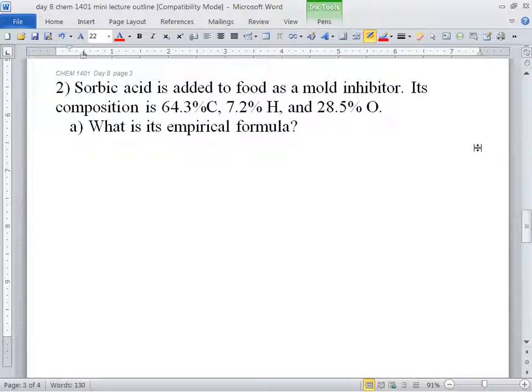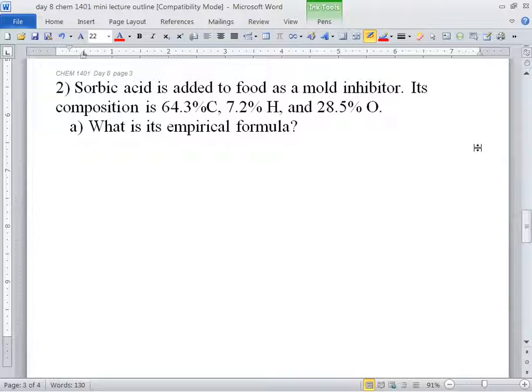So remember the very first step, since this is given in percents, remember the first step is... Good.